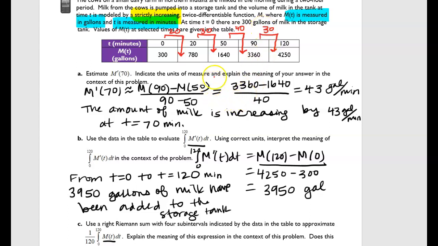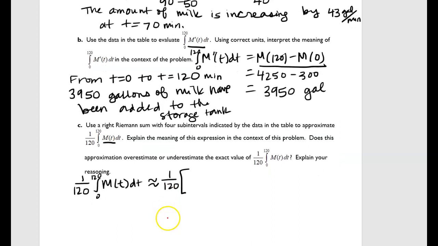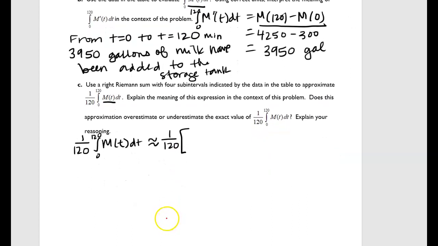Even if this is a calculator problem, you must write this setup, not necessarily on the table. I'll show you how to write it. But you must write that setup in order to get credit on the AP test. If you just do all the calculations in your calculator and put the answer, you will get 0 points.